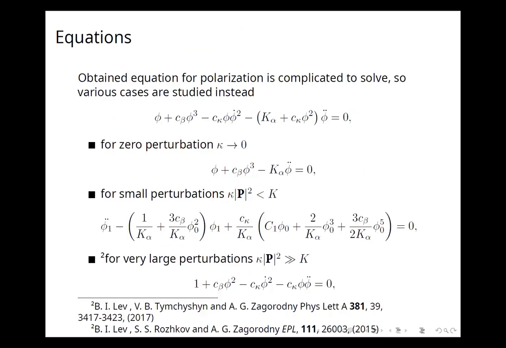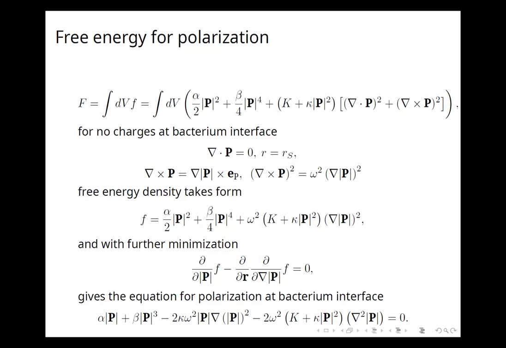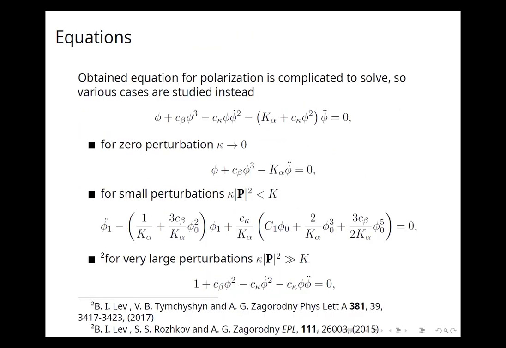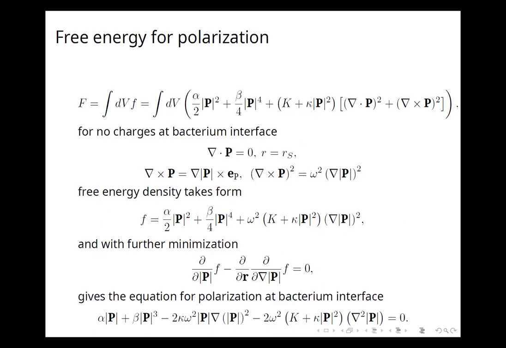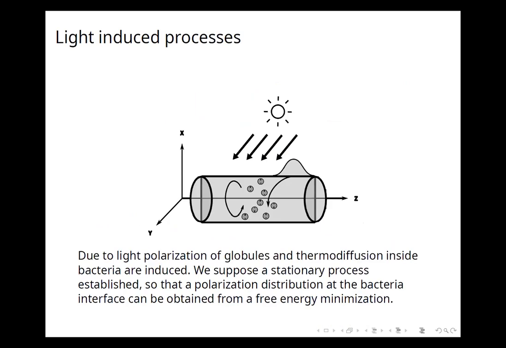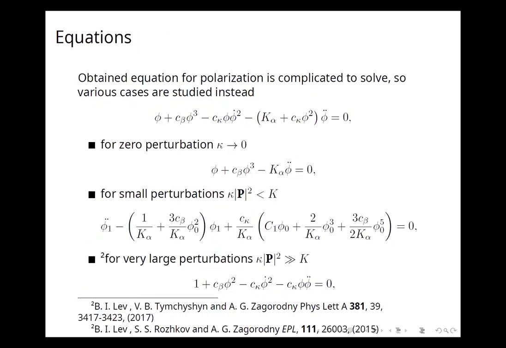So that can be written as follows, where phi is polarization, dot phi is gradient of polarization, and the coefficients C beta, C kappa, and K alpha is just the corresponding coefficients beta, kappa, and K divided by alpha. So this equation is difficult to solve.